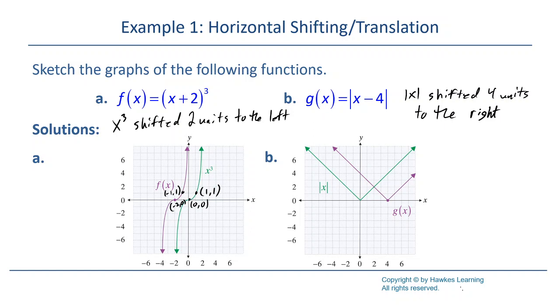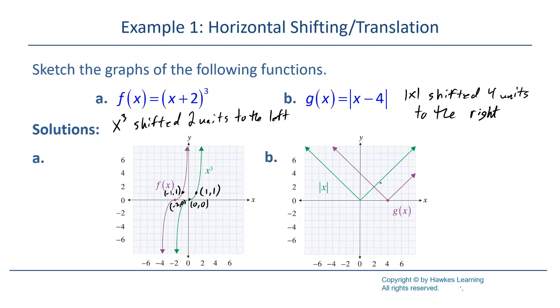So you get the idea that these values, regardless of where they are, all I'm doing to find the shift is, if it's plus on the inside, you're just shifting all the x values to the left from the parent. If it's minus, you just shift them to the right.